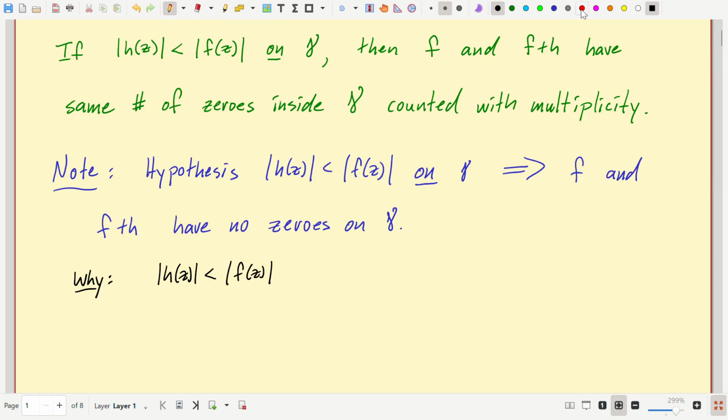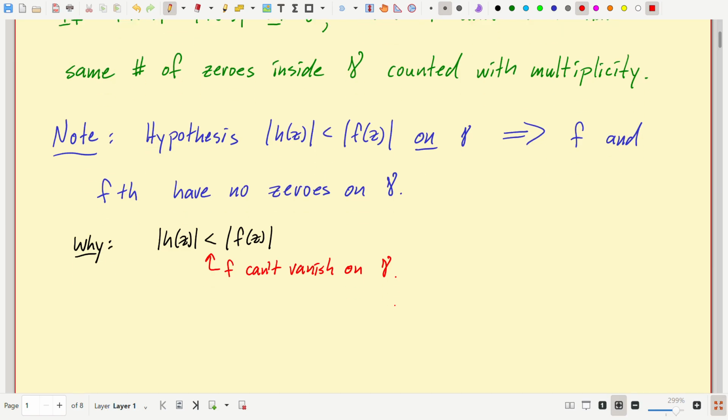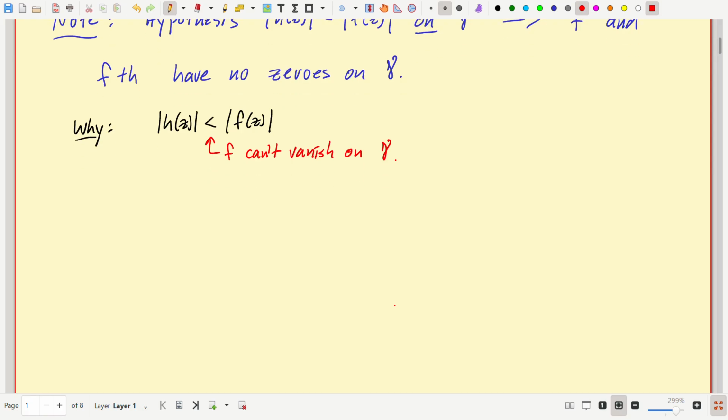So this shows that f can't vanish because of that strict inequality. So why can't f plus h vanish? Let's think. So f can't vanish, and I'll show you the picture of why that means that f plus h can't vanish either.